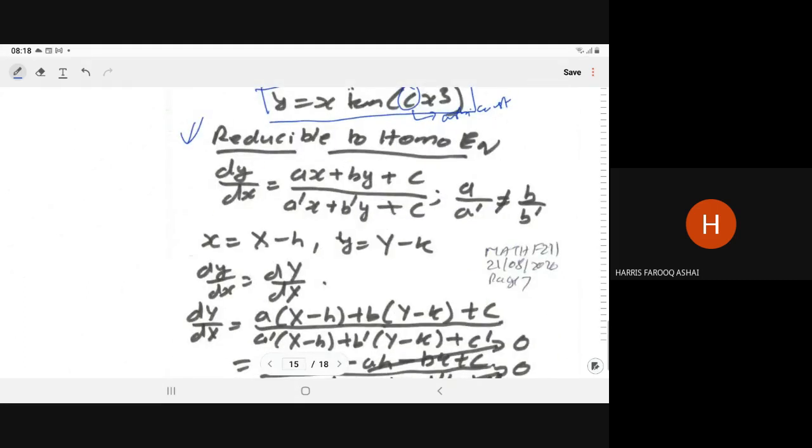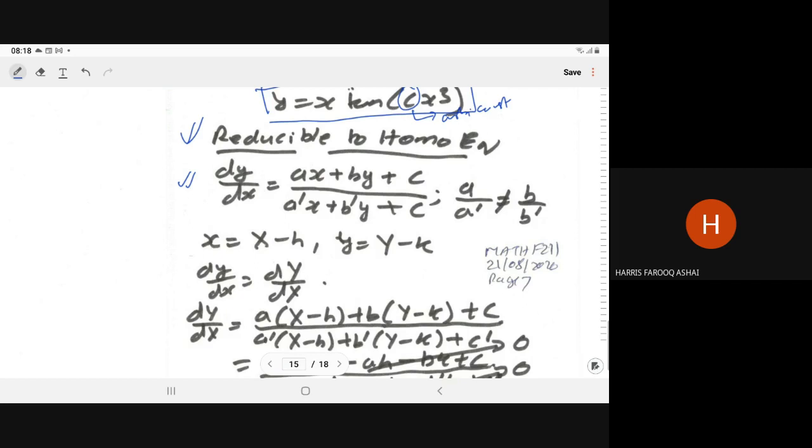If we have a differential equation of the form dy by dx is equal to ax plus by plus c upon a dash x plus b dash y plus c dash, where a upon a dash is not equal to b upon b dash.